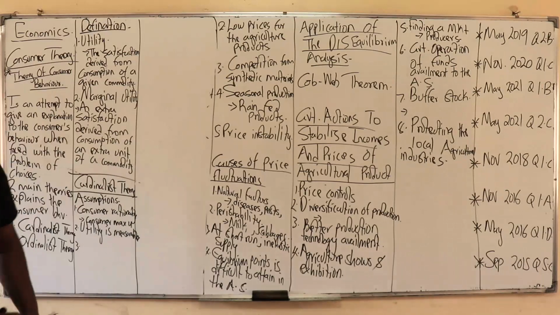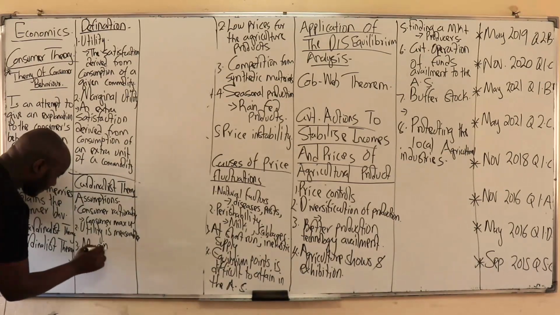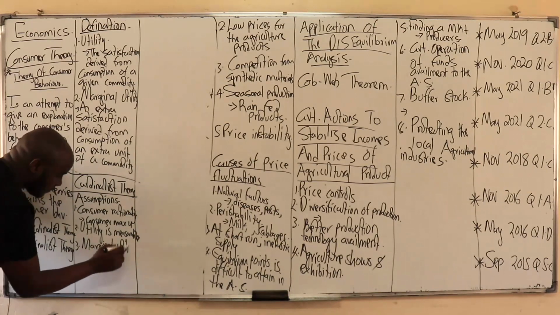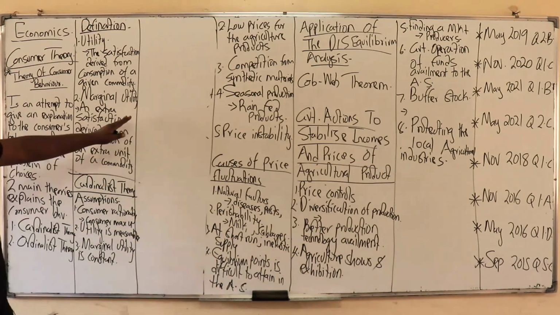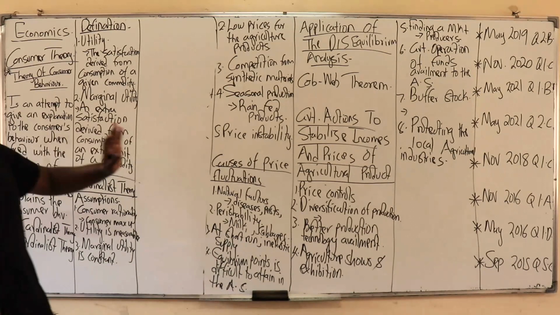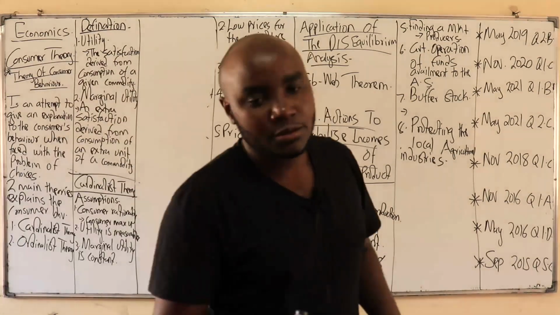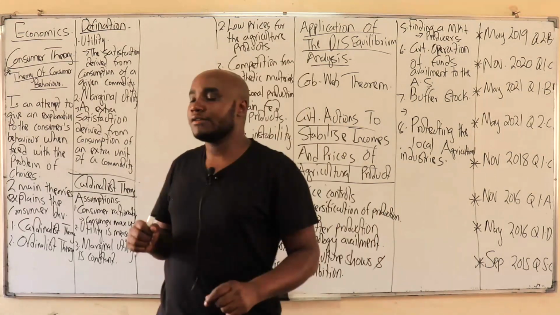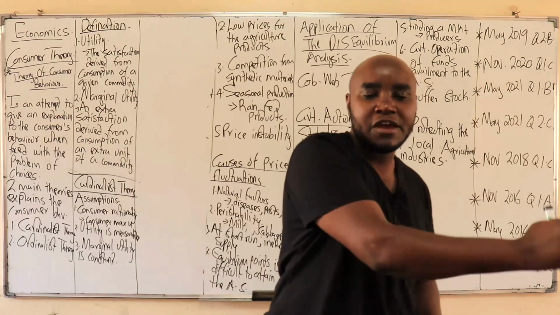Then lastly, marginal utility is constant. That extra satisfaction, kama ni extra satisfaction of 5 utils, then there shall be a consistence of 5, 5, 5, 5.